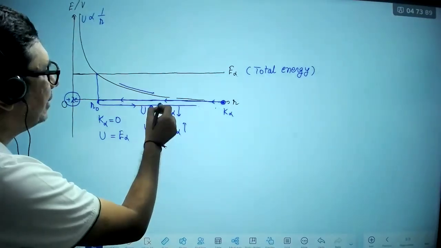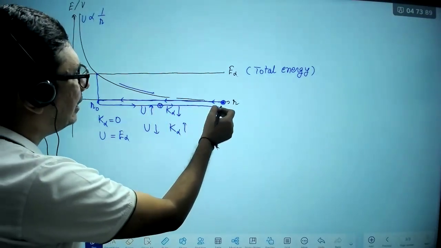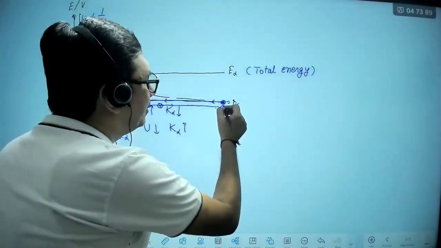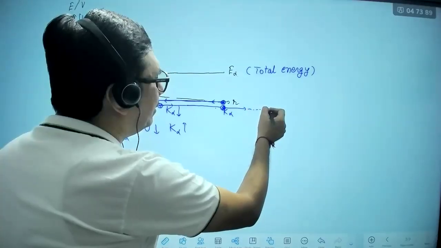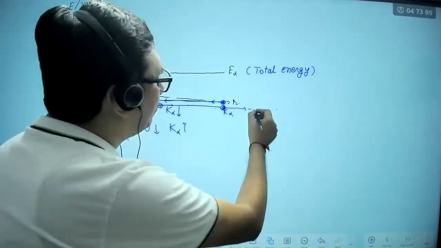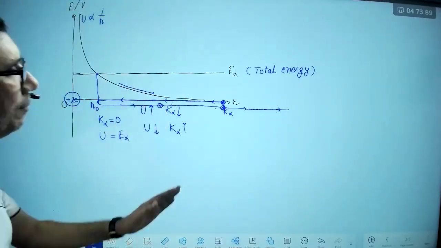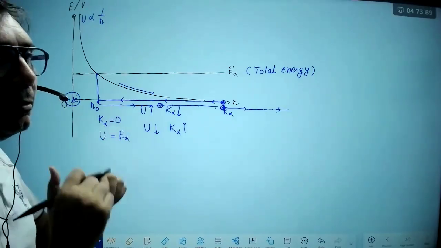At the same position, it will have the same kinetic energy, but this time in this direction, and it will move away like this towards infinity. It is not going to come back. This alpha particle is not going to come back. So this motion is called an unbound motion.